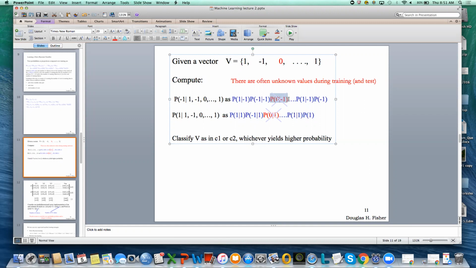Okay, so in some cases, unknown values are in fact predictive and we would want to keep them as such. But in other cases, and typically they're not going to be predictive, you just don't know the value.